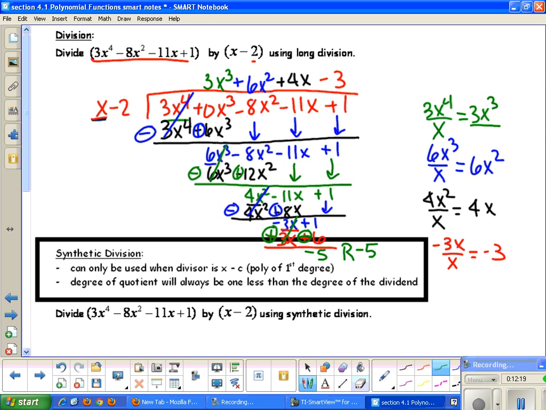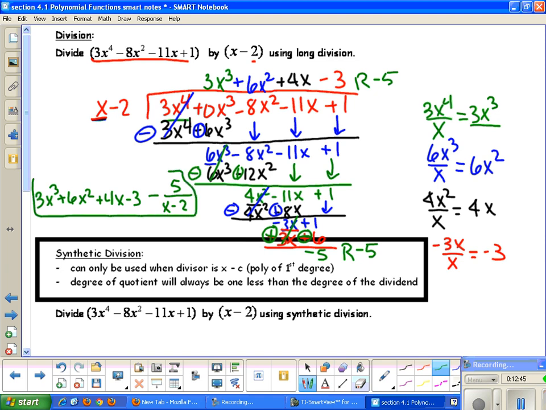If we were to write this out the correct way, it would be 3x cubed plus 6x squared plus 4x minus 3, and then we're subtracting 5, our remainder, and our remainder goes over our divisor because we couldn't go in anymore. So this would be our solution. So that's the long division.